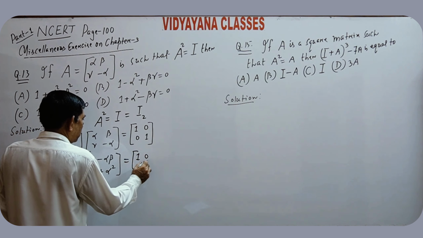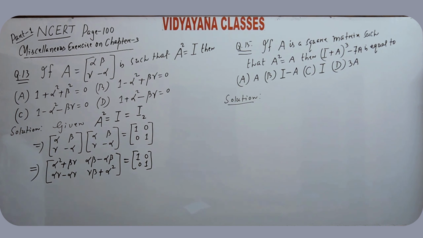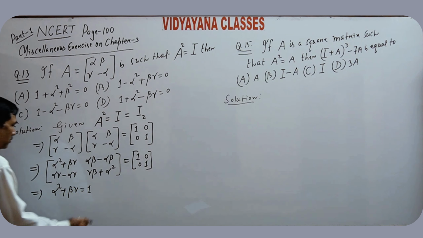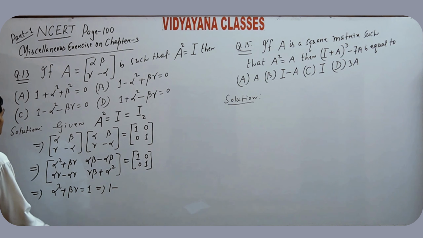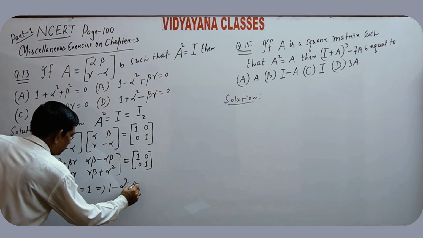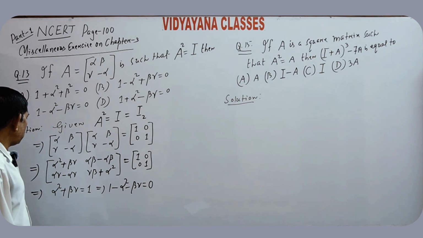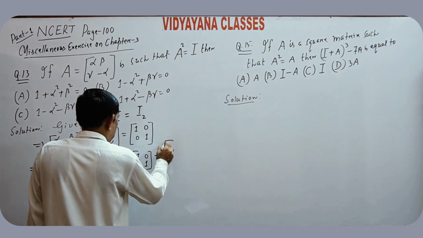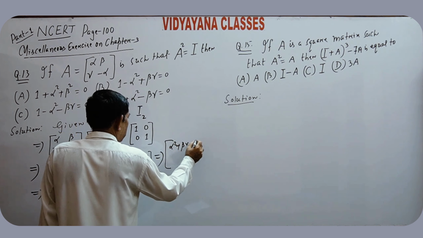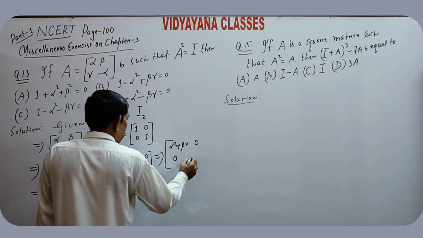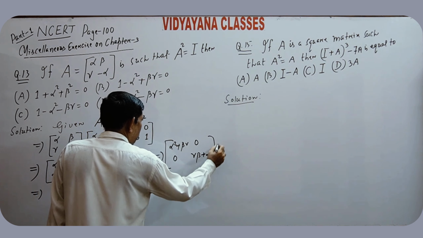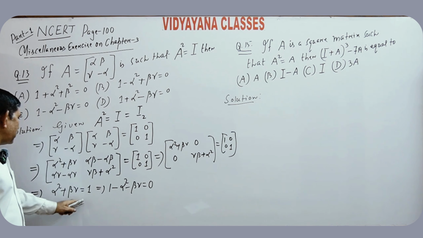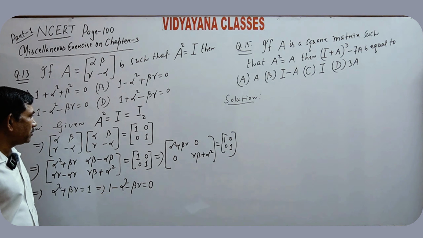Which is equal to 1 0 0 1. Two matrices are equal if their corresponding elements are equal, which implies alpha square plus beta gamma is equal to 1, which implies 1 minus alpha square minus beta gamma is equal to 0.